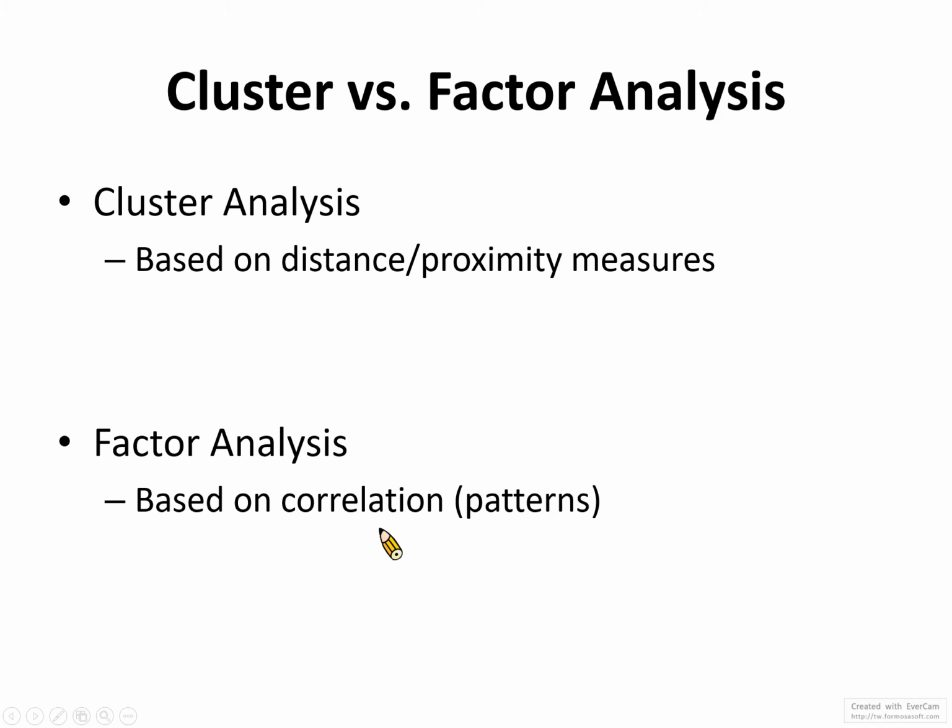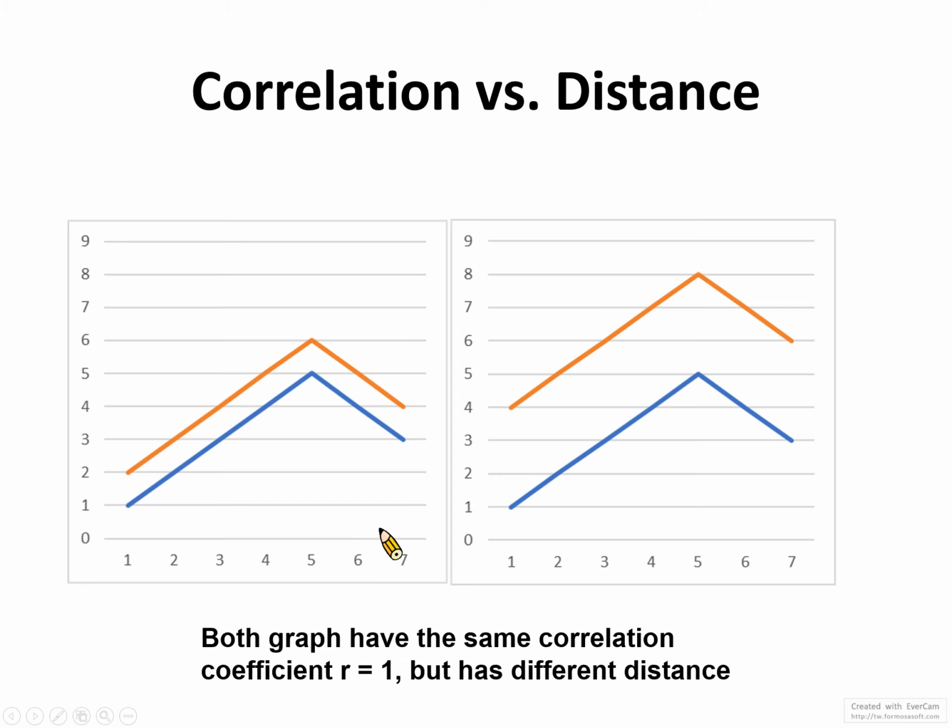It's based on patterns. So I want to show you one figure to illustrate this concept. The correlation is a measure of the similarity of the patterns between two data.